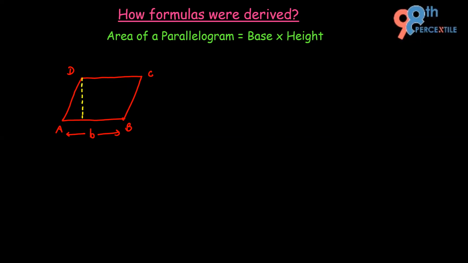Then you will get this triangle ADE, where this is the point E. Now I want you to take this triangle, flip it, and place it over here.